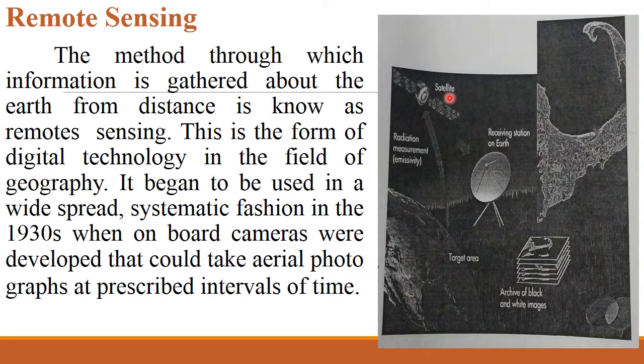If they get one image in the morning, maybe they get a second in the afternoon and a third in the evening. So these cameras get different images at different time intervals.